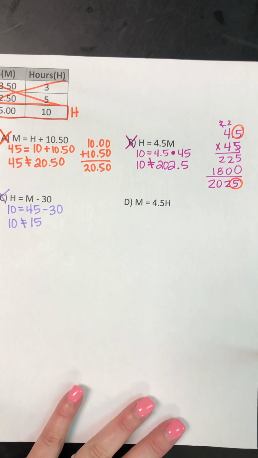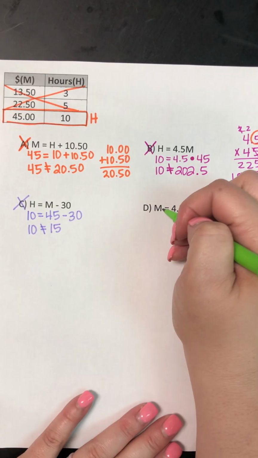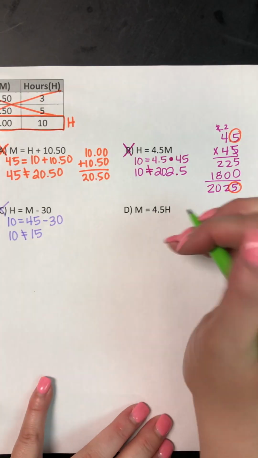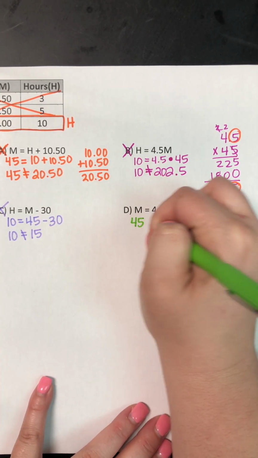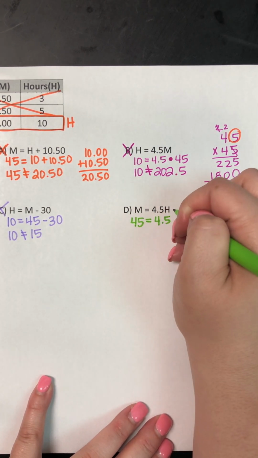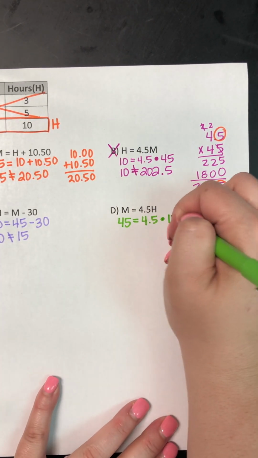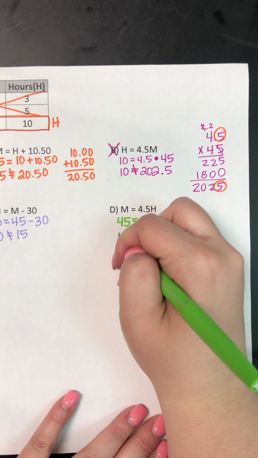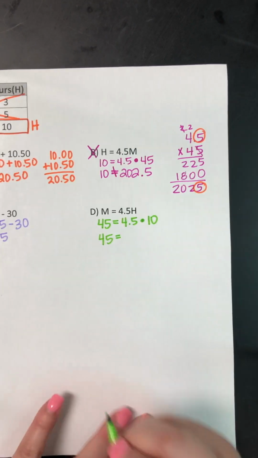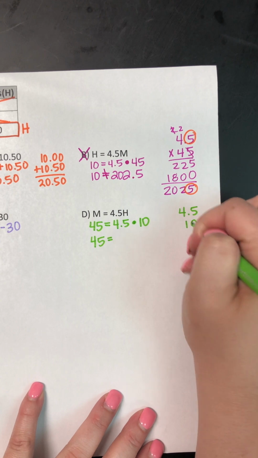That leaves us with D. We're going to test out D, just to make sure it's right. So again, M was 45, and that equals 4.5. Again, when a number and a letter sit next to each other, we're going to multiply. And then H was 10. So 45 equals, well, I don't know this off the top of my head, so I'm going to come over here and multiply.